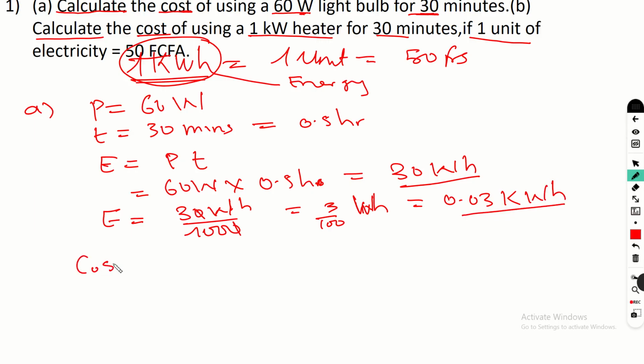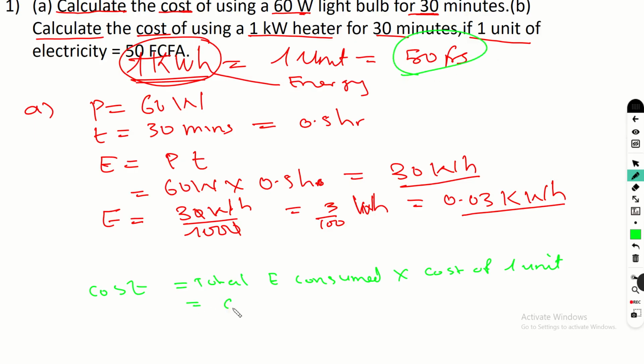Now, what is the cost of using this? The cost will be equal to the total energy consumed times the cost of 1 unit. 1 unit is 50 francs.